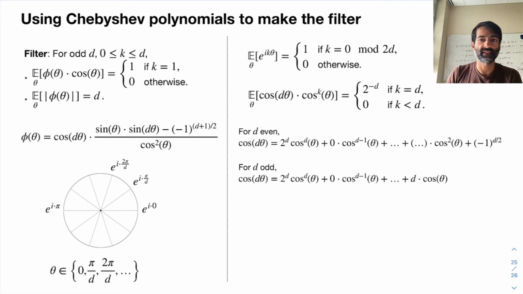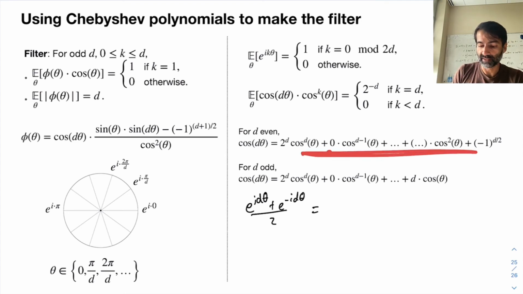That's the second claim. Both of these claims follow from, again, writing down e to the i d theta plus e to the minus i d theta over 2, and comparing that to whatever you have on the right-hand side.